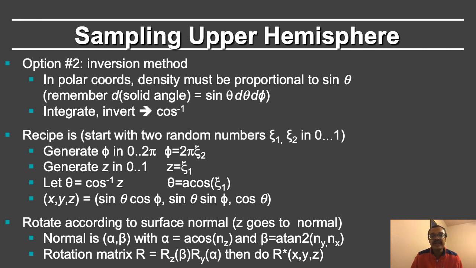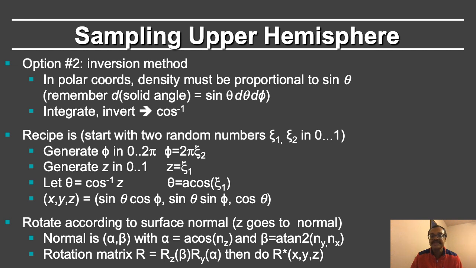You're not entirely done at this point because you have obtained the coordinates for the direction you want with respect to the local surface normal. So you now need to do a final step, which is you need to rotate according to the surface normal in such a way that your z direction corresponds to the normal.